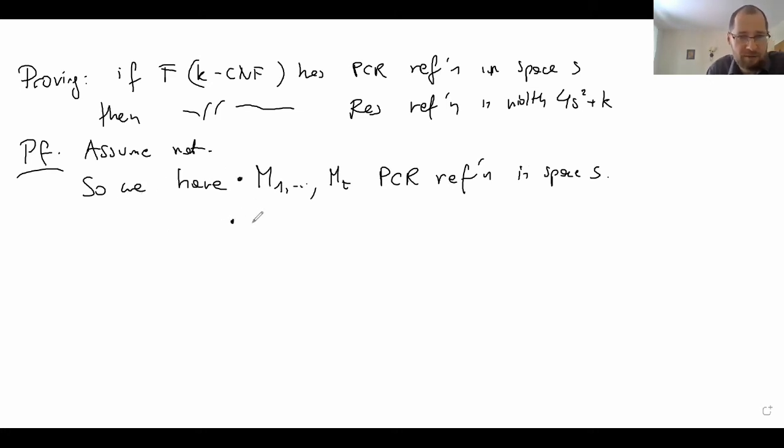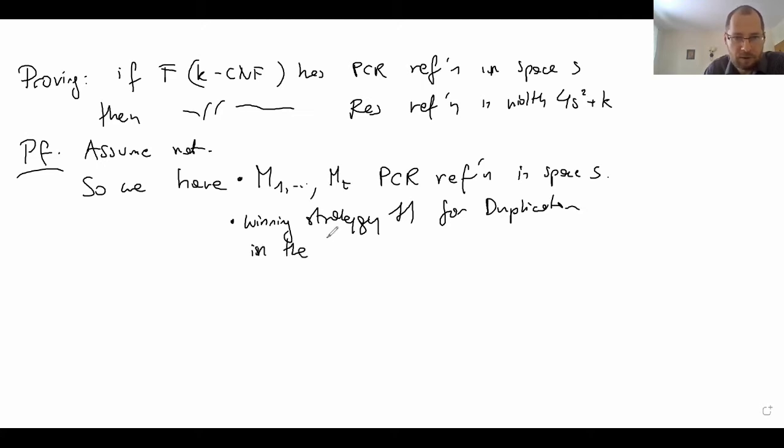The other thing that we have is a winning strategy, say H, for Duplicator in the Forcing Squared plus k game. Again, as before, we think of H as a family of assignments.